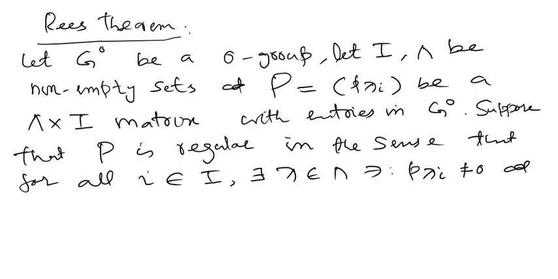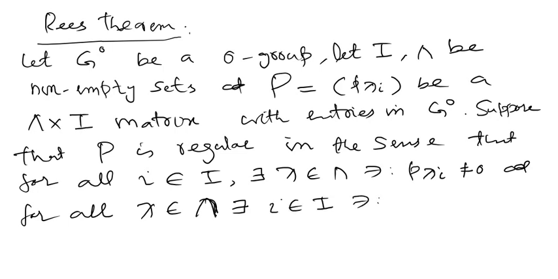Now this is for row, or what's the matrix? The matrix is of the order lambda cross I, lambda stands for row, so it's column actually, for each column. And for all lambda in capital lambda, there exists I in I such that P lambda I is not equal to 0.